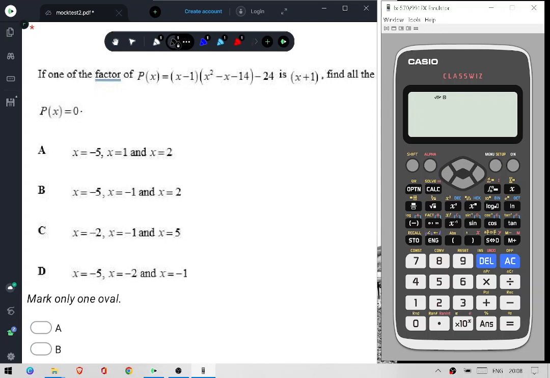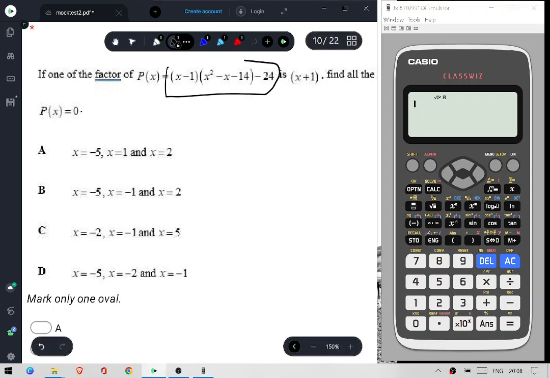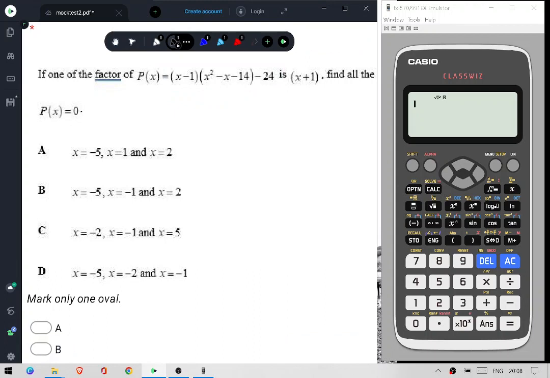By using the calculate function in the Casio ataupun calculator ni lah. But first thing first, what you have to do is you key in exactly what you see over here. No need to expand lah, nak kira panjang-panjang, no need. So we are going to copy paste whatever we see. Open bracket, x, mana x?